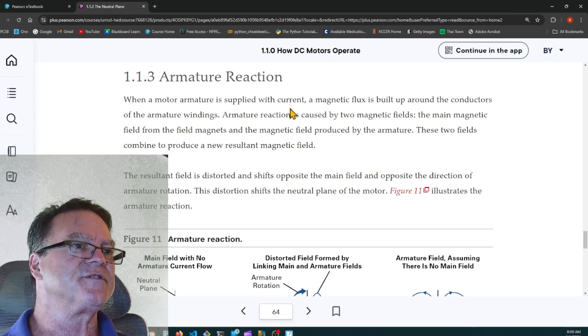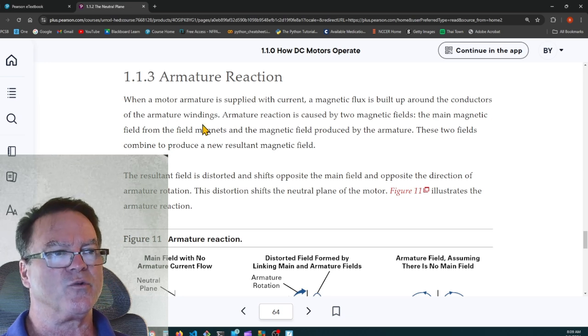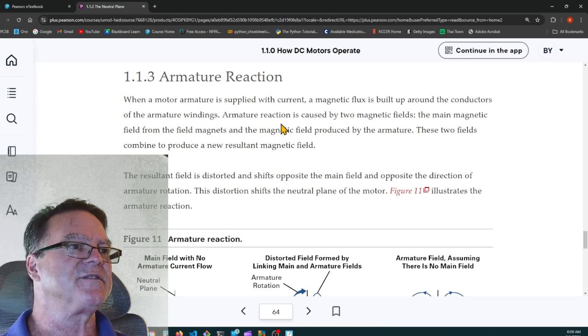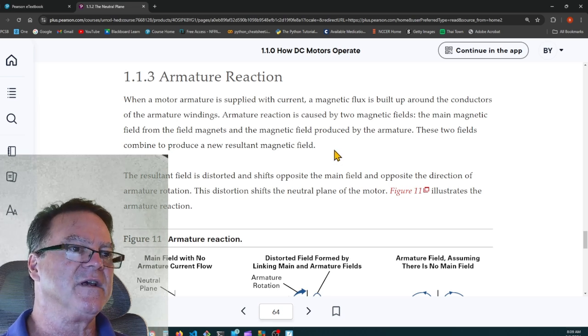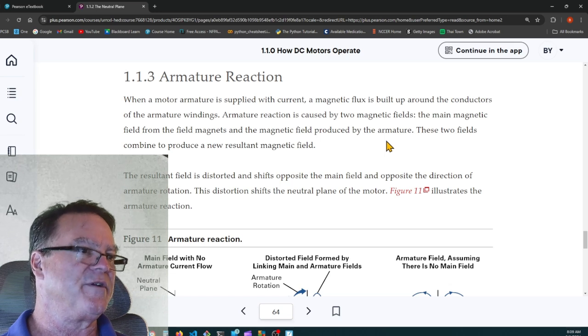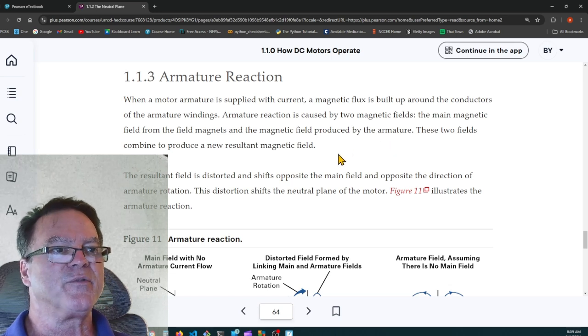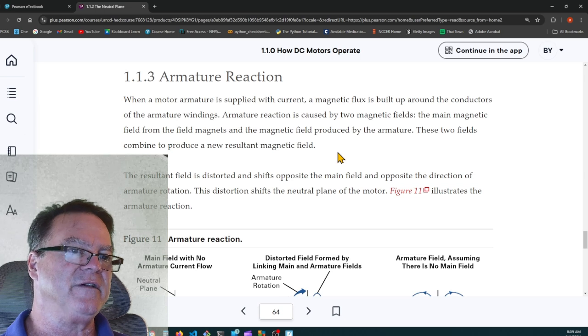When a motor armature is supplied with current, a magnetic flux is built up around the conductor of the armature windings. Armature reaction is caused by two magnetic fields, the main magnetic field from the field magnets and the magnetic field produced by the armature. These two fields combine to produce a new resultant magnetic field.